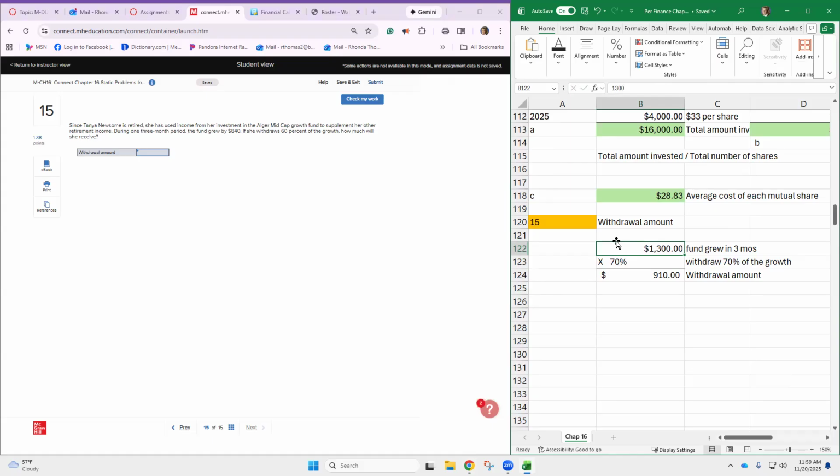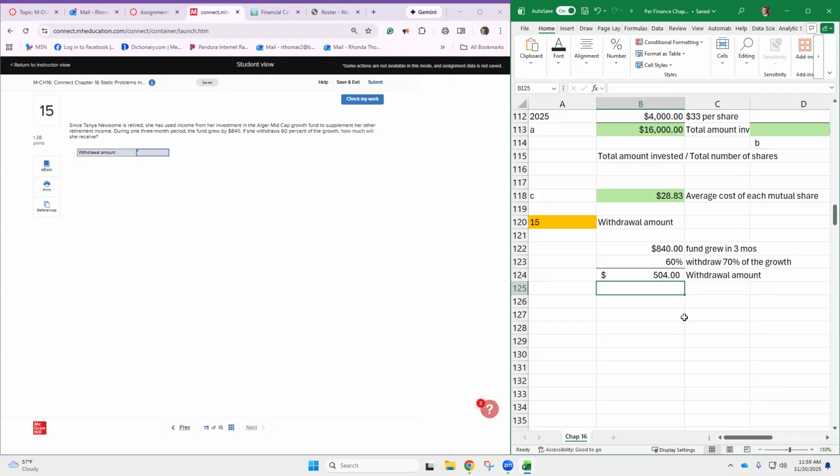So she wants to know how much her fund grows every 3 months. And then of that, she plans to withdraw 60% of the growth, so I have to change this to 0.6 and then it should work. So she'll pull out the $504 to help her pay for whatever it is over that 3-month period, right?